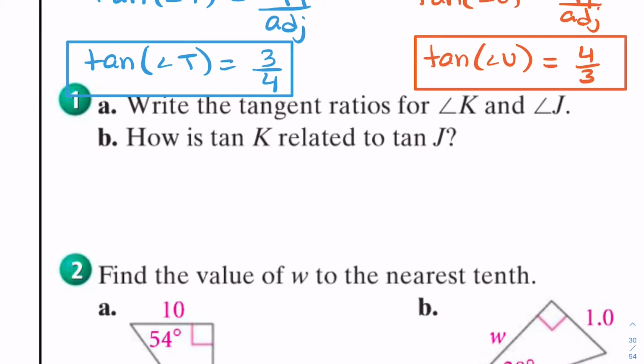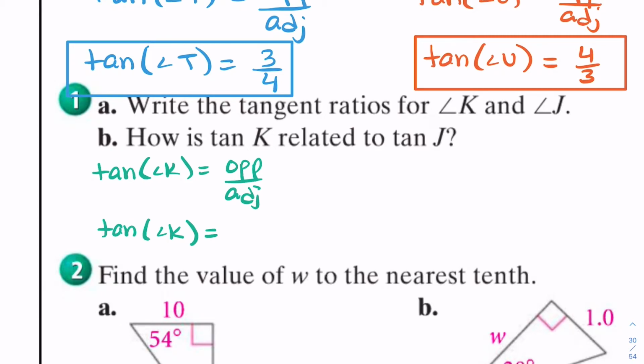So we'll do tangent of angle K equals opposite over adjacent. And then we'll do tangent of angle J in purple.